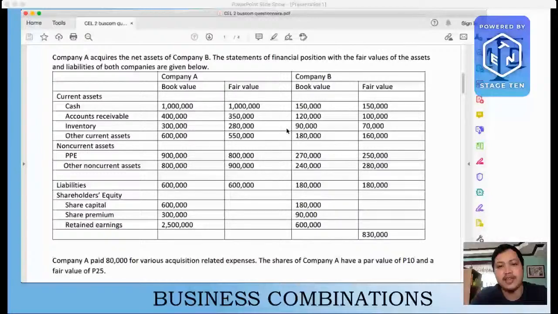It gets complicated when we will be asked to prepare an income statement. So as of now, class, immediately after the combination, we will not be asked to prepare an income statement because there's nothing to report yet.